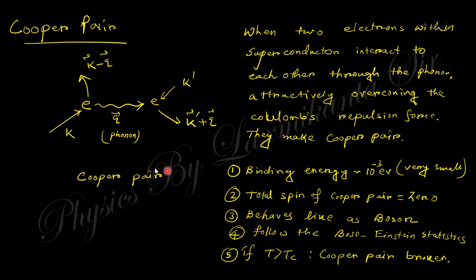It behaves like a boson and follows the Bose-Einstein statistics. If T is greater than Tc, that means the superconductor changes to a normal metal, and then the Cooper pair also disappears. So the Cooper pair is present in the superconducting state.